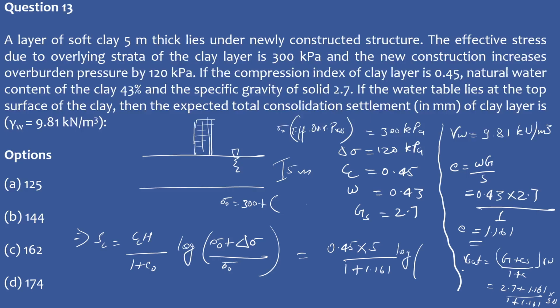So 2.7 plus 1.161, answer divided by 2.161, answer into 9.81, so that will be your 17.52.